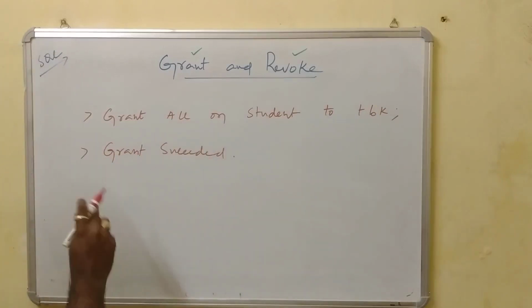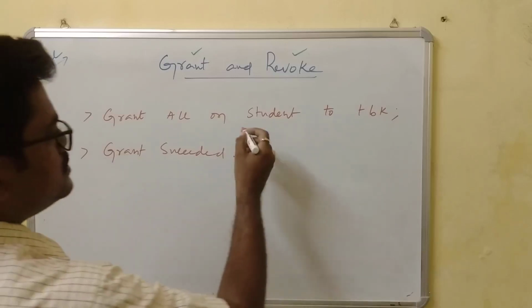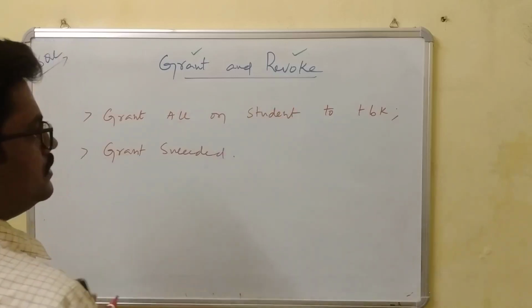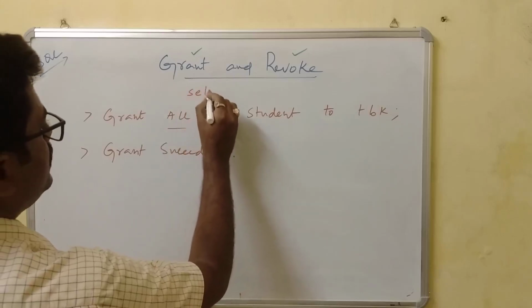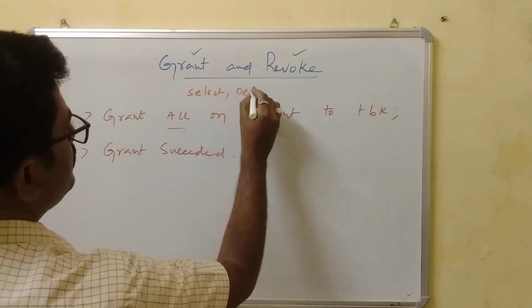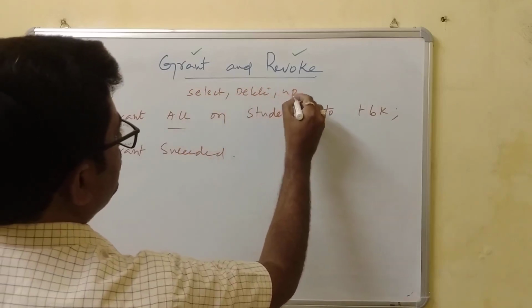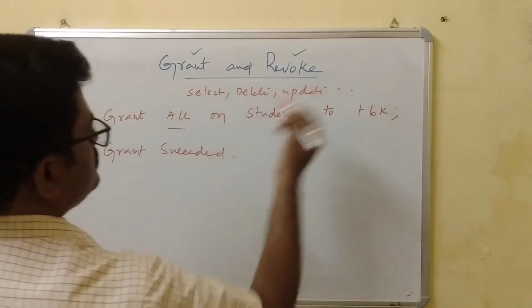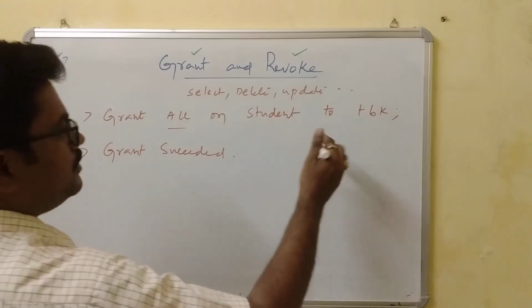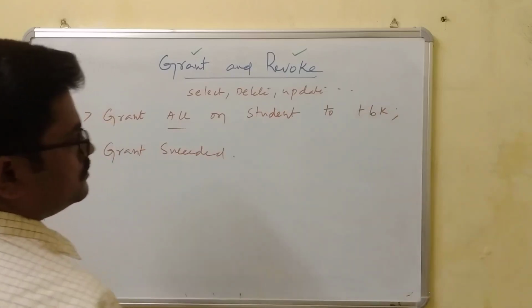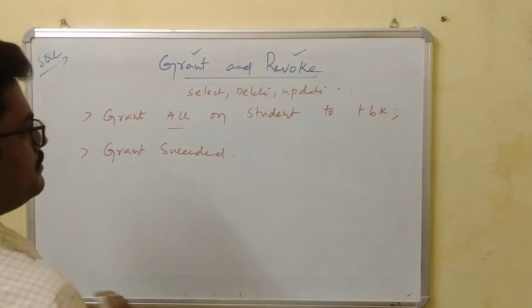Once the grant has succeeded, the user can work on this table, and he can do all operations. Here we can give select only, or else delete, or else update, right? Like this we can give operations to work on the student table to the user. We are giving the permission to the TBK user.